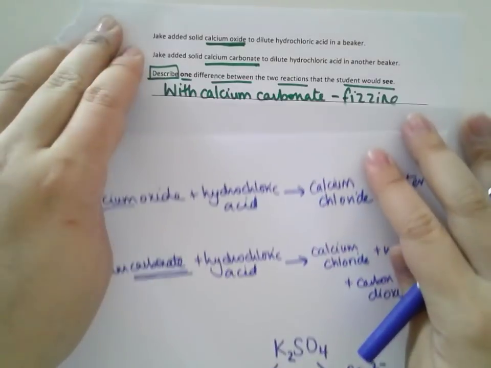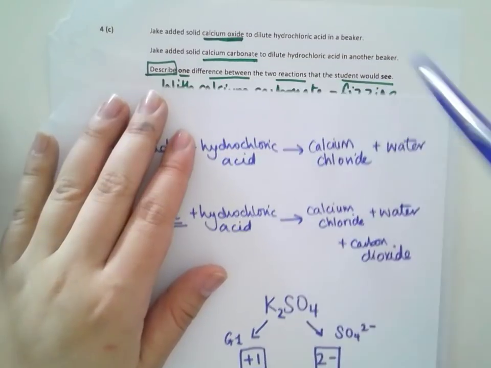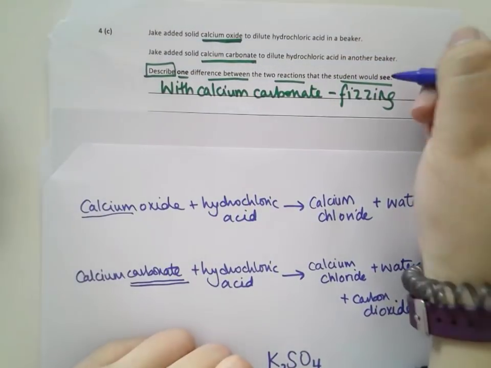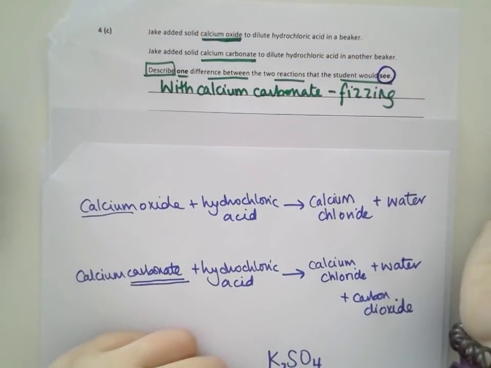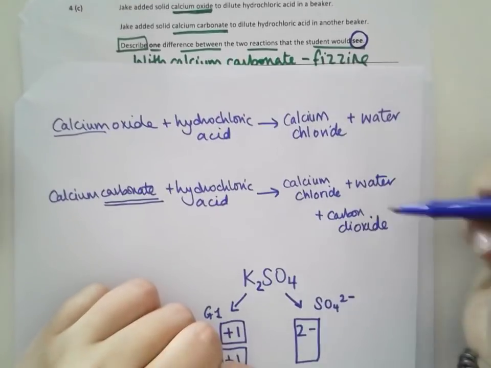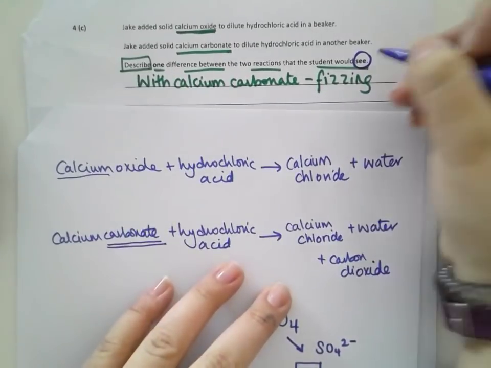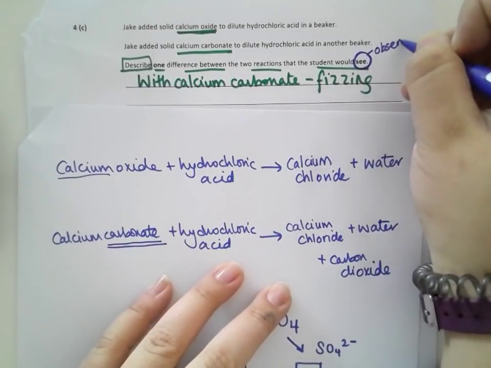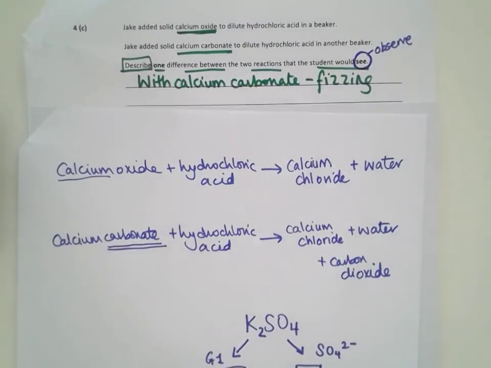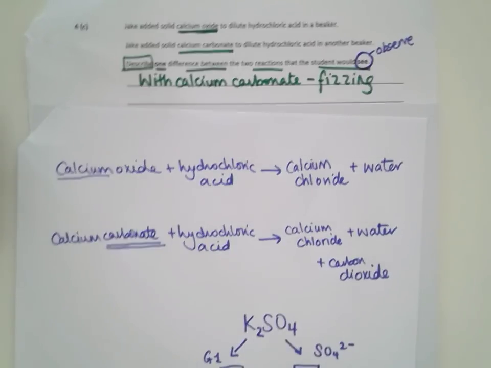So the question is asking, what is one difference between the 2 reactions the student will see? You will not get the mark if you just said that with the calcium carbonate there is carbon dioxide produced. I won't give you a mark because this is not what you observe, what you see. What you would see is fizzing. Now in the mark scheme it allows bubbles or a gas produced, but it needs to be something that you can see.